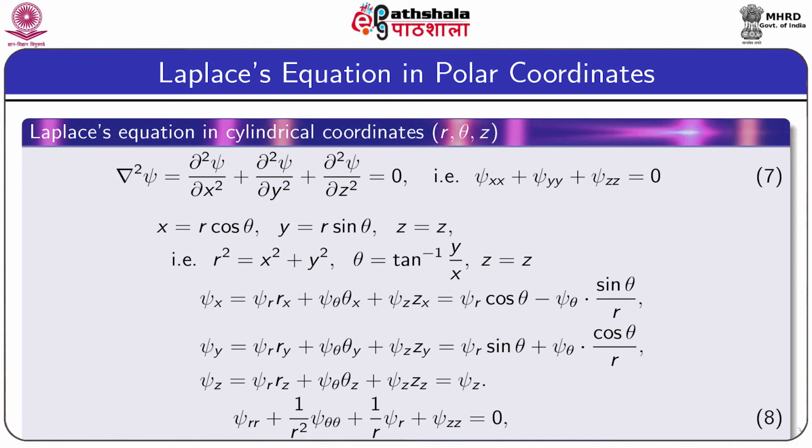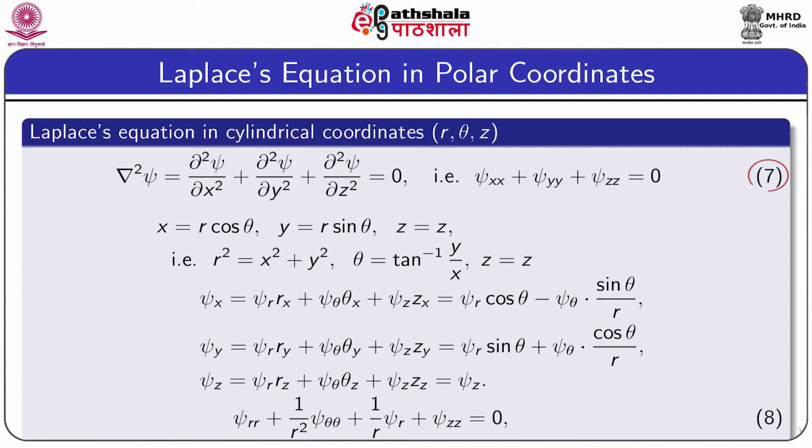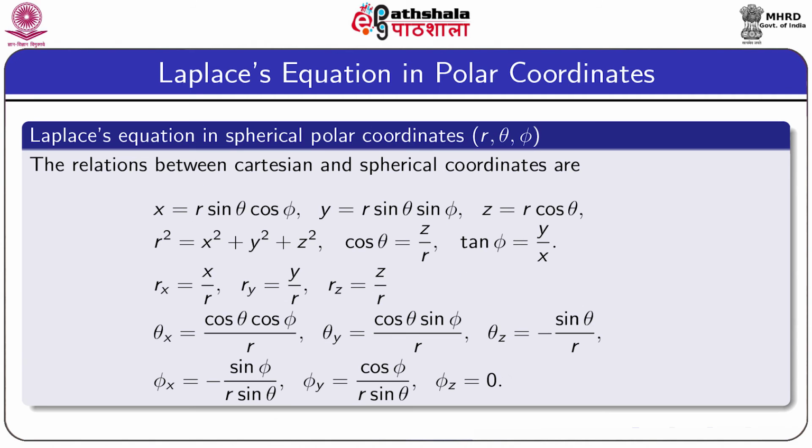The relation between Cartesian coordinates and cylindrical coordinates is x equals r cos theta, y equals r sin theta and z equals z. So, using this transformation, one can transform equation 7 to equation 9. The detailed calculation can be found in the e-text.